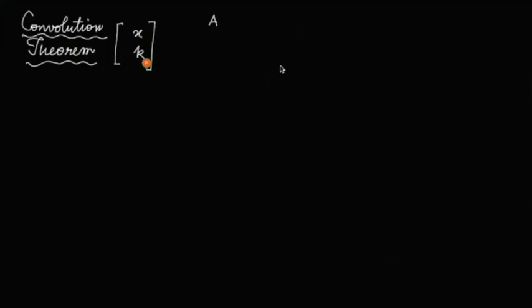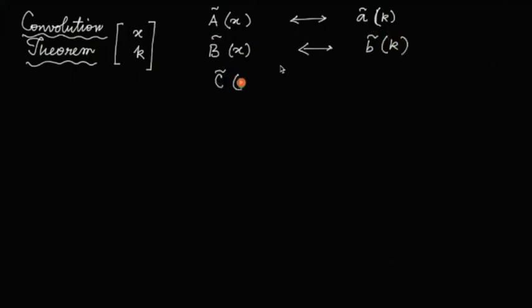So I have a(x) and the corresponding thing is A(k). And I have b(x), B(k), c(x), C(k).